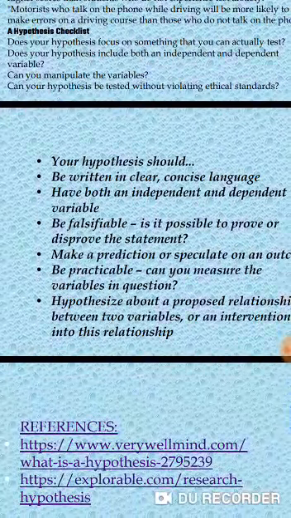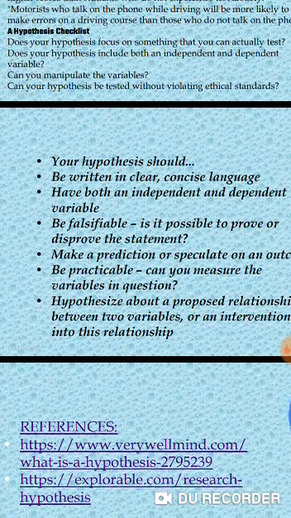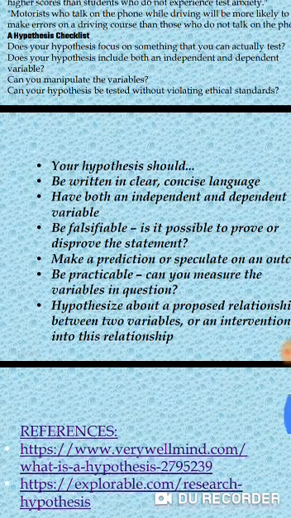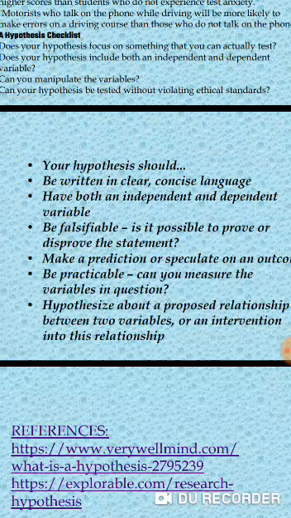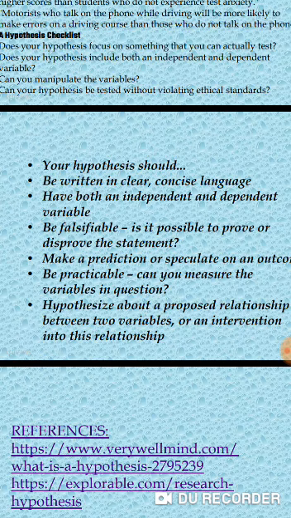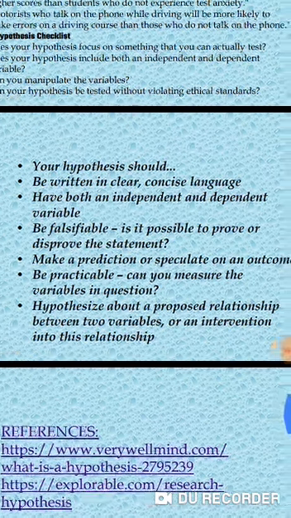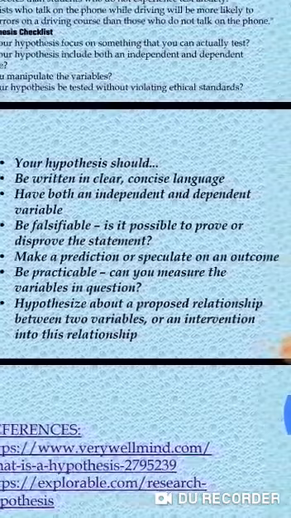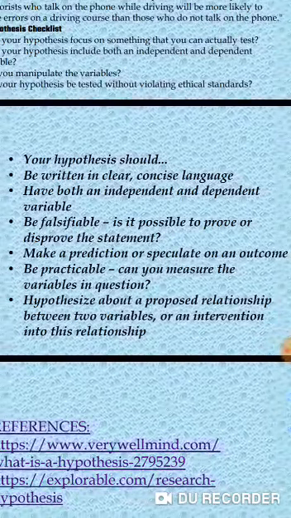It should be written in clear and concise language. It should have both an independent and a dependent variable. Be falsifiable, meaning is it impossible to prove or disprove the statement, and it should make a prediction or speculate on an outcome. Be practicable.